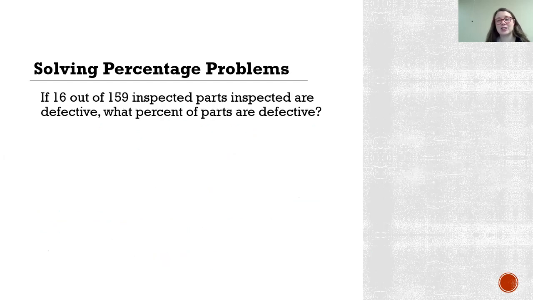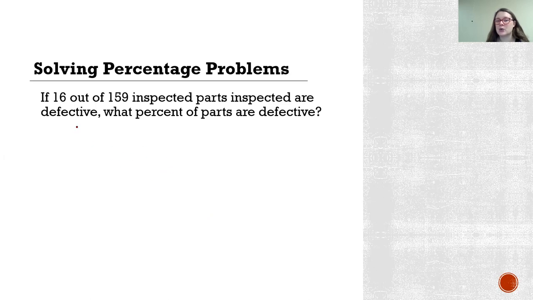So a quick question that you could see show up. Some questions will be really straightforward where you're asked for your percentage. Sometimes you'll be given questions that are a little more contextual. So if 16 out of 159 inspected parts are defective, what percent of parts are defective?